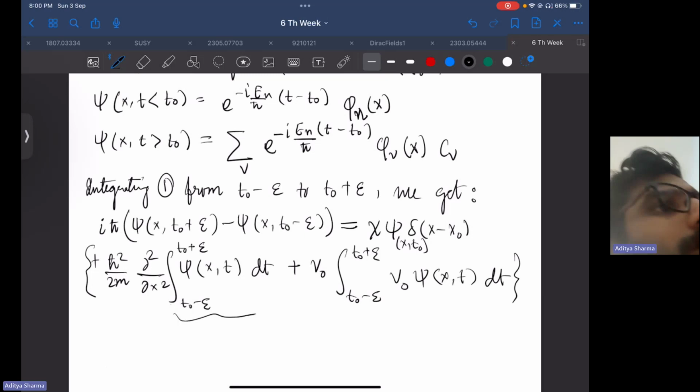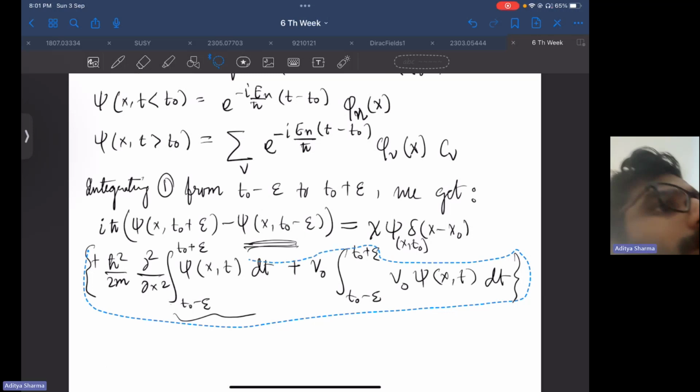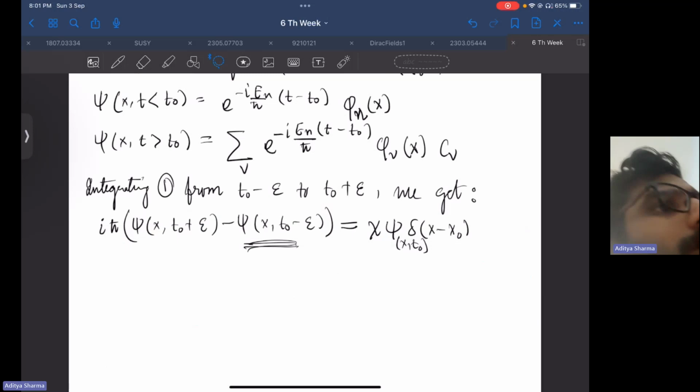But we have some divergences here, so we are not letting them go away. These two integrals don't contribute. It's like removing a point from a large measure zero set.